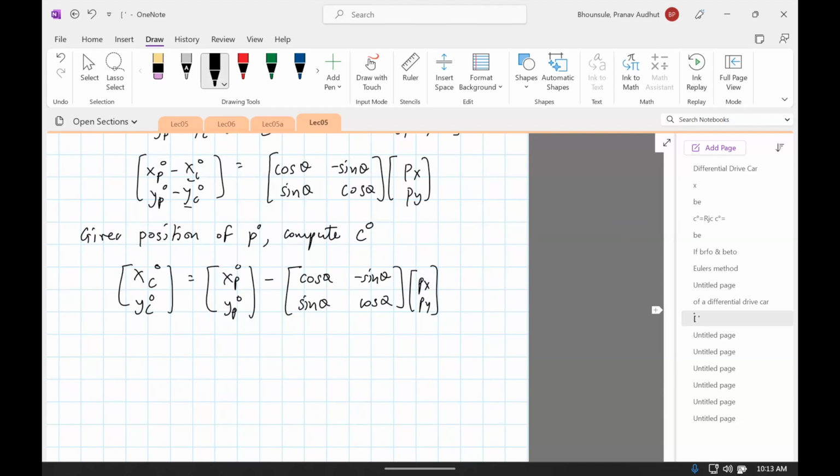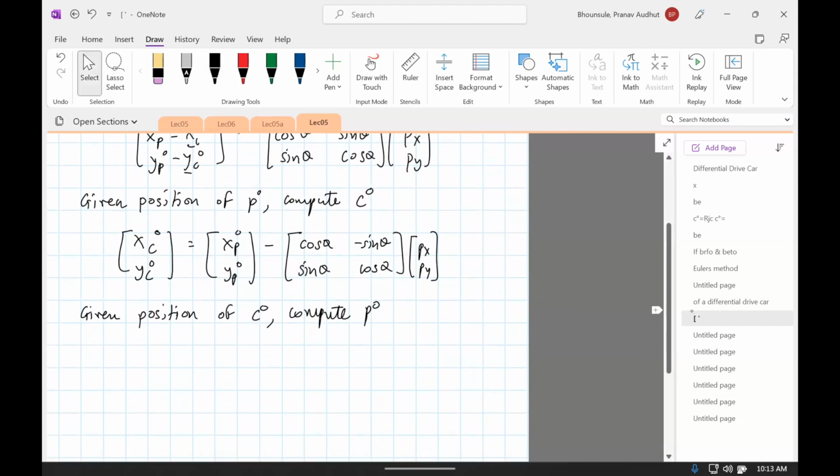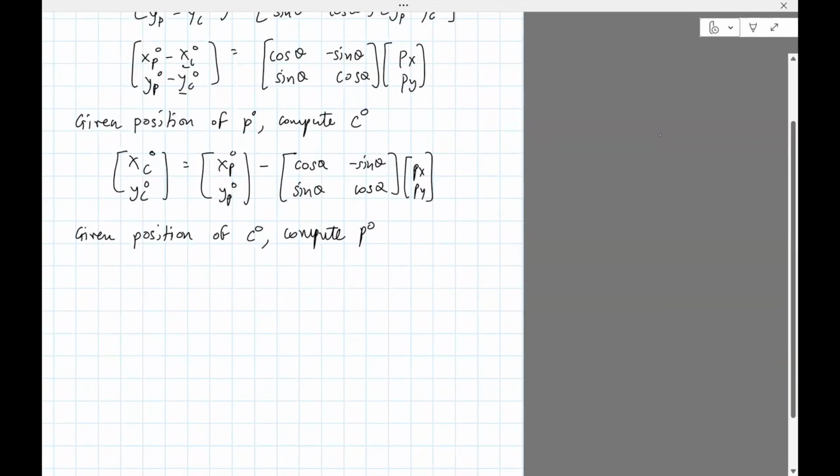We can also do the other way around. Given the position of C0, compute P0. So this is only needed for our animation a little bit later, so I'm just writing it down here. We're just trying to solve for xp0, yp0 given this. We just have to move the thing on the right-hand side the other way.